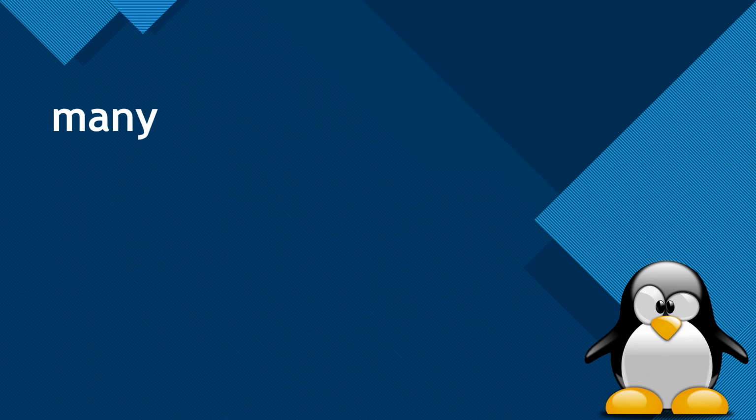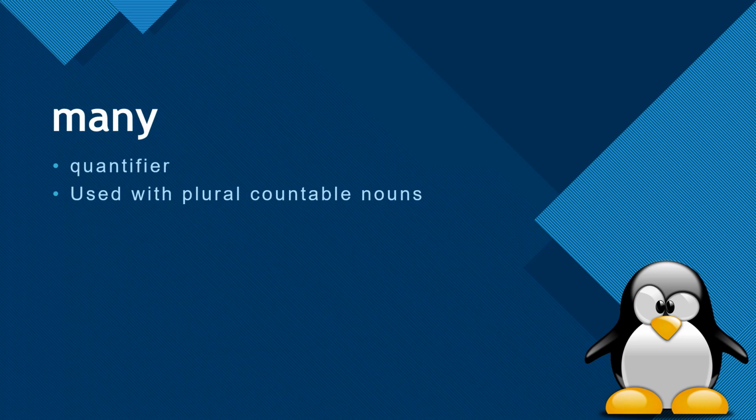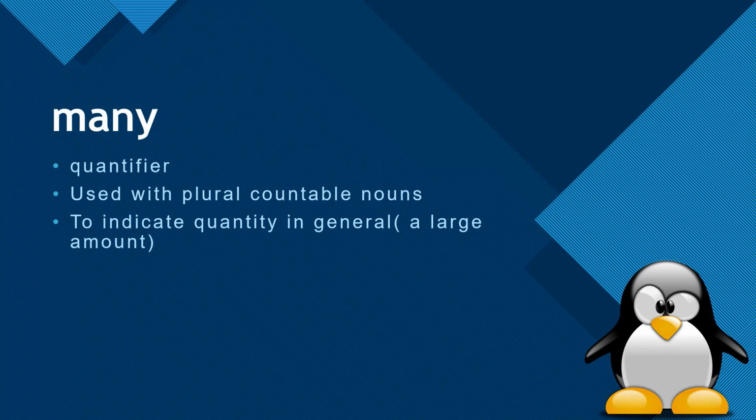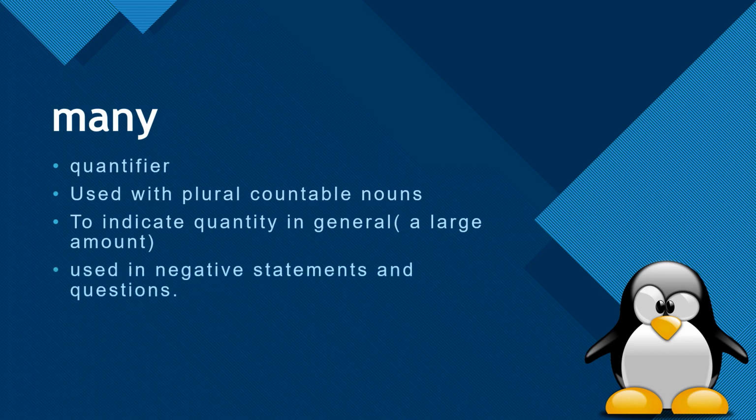Next quantifier is many. Many is also a quantifier. We use many with plural countable nouns. It is to indicate quantity in general, usually a large amount, and used in negative statements and questions.